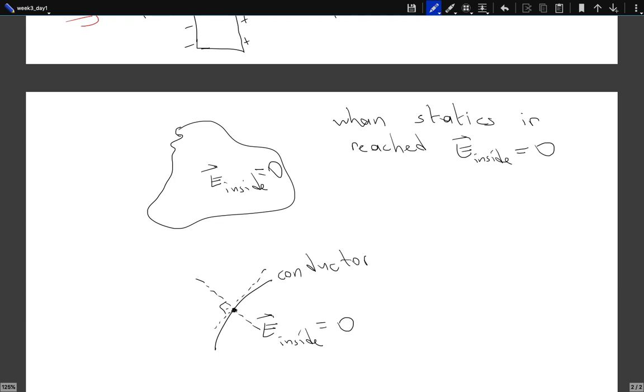Let's assume that this is the direction of the electric field at that point. Again, it has a horizontal component, horizontal to the surface, and a vertical component.